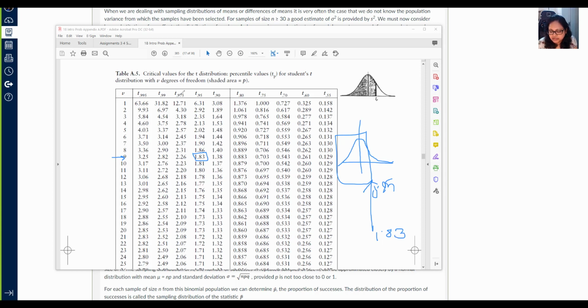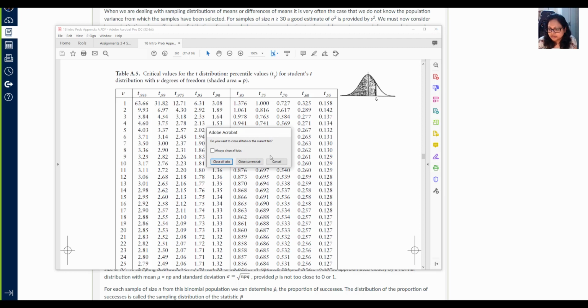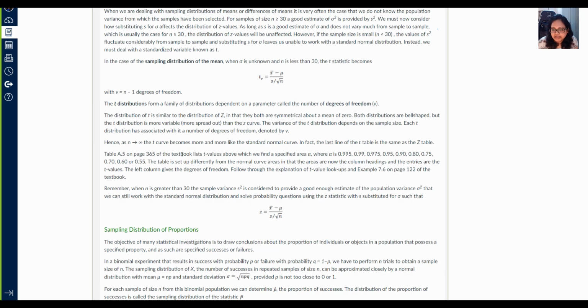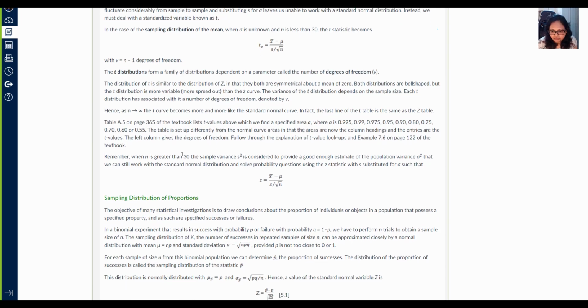So based on the degrees of freedom we have, you can always find in the distribution what the critical value would be. So critical values are inside, and the probabilities are here. Okay, so that's how we can find the critical value.